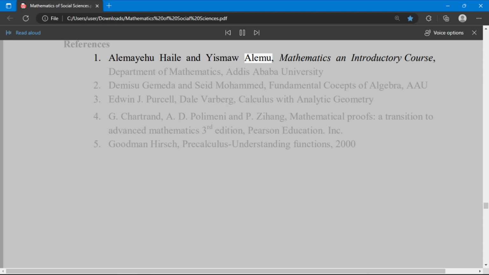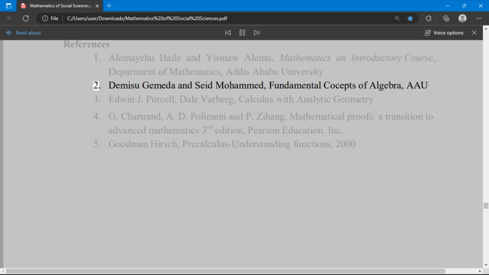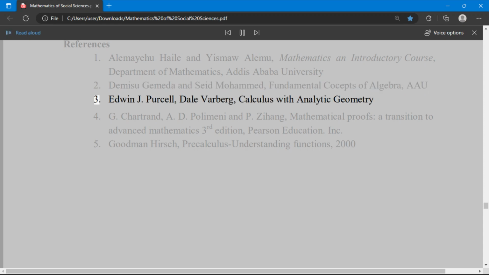References: 1. Alemayehu Haile and Yismaw Mu, Mathematics: An Introductory Course, Department of Mathematics, Addis Ababa University. 2. Demissu Jemal and Seid Mohammed, Fundamental Concepts of Algebra, AAU. 3.